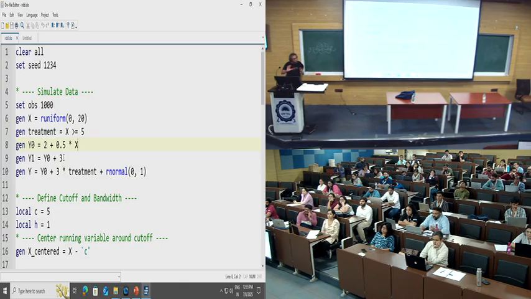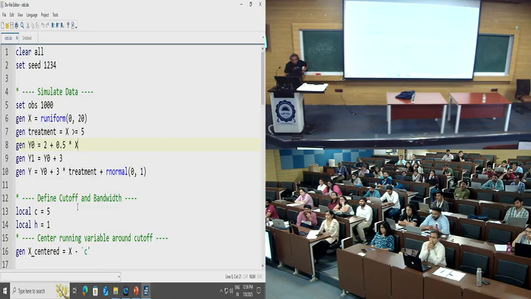Intercept difference, right? And then Y is nothing but Y0, which is this guy, plus 3 times treatment, plus a random error term, standard normal rather. I define my cutoff at C equal to 5, and I select my bandwidth at H equal to 1.